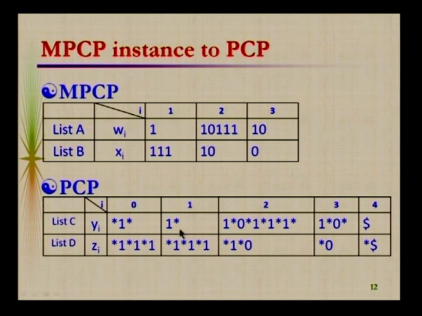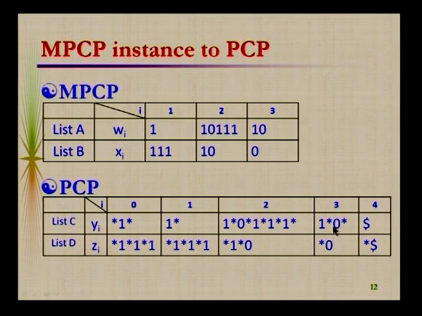As far as the rest of the strings are concerned, that is your y1, y2, y3 and z1, z2, z3: as far as y1 is concerned, after each symbol put a star. So, here the first symbol is 1, put a star. So, we are having 1 star, and here it is 1 0 triple 1. So, 1 star, 0 star, 1 star, 1 star and 1 star we are getting.